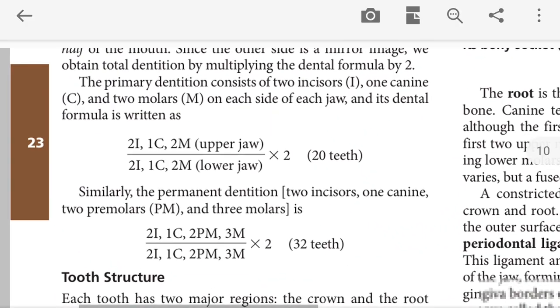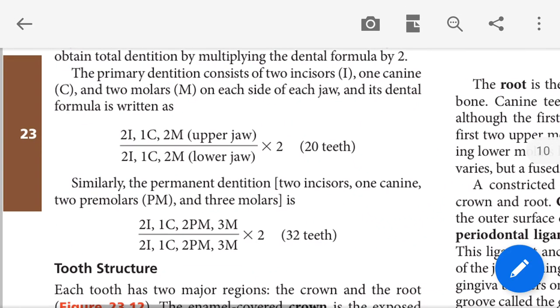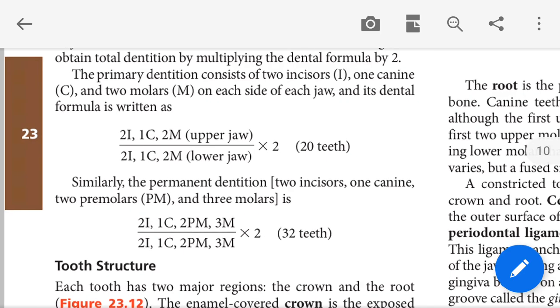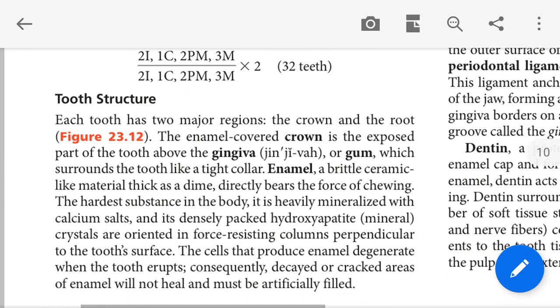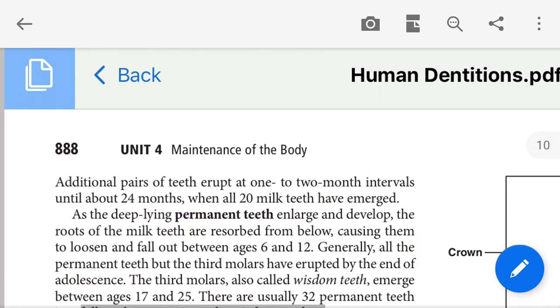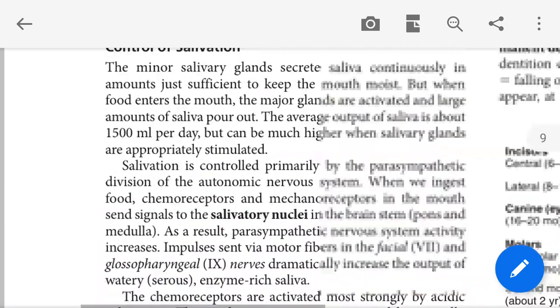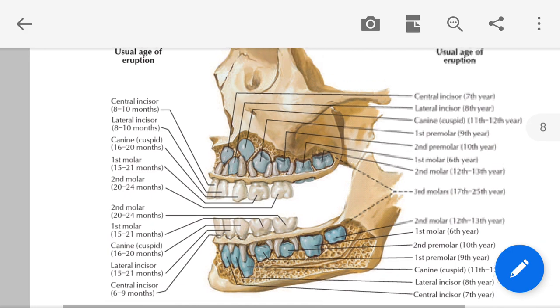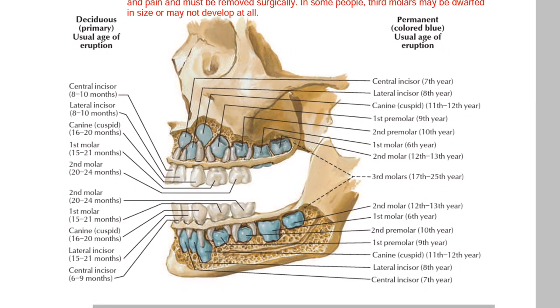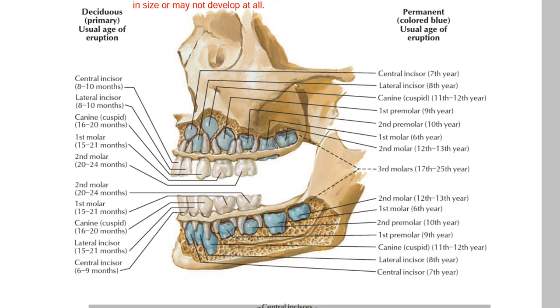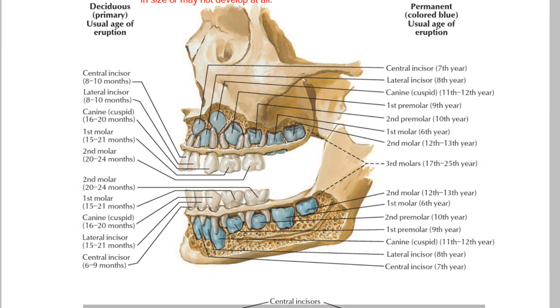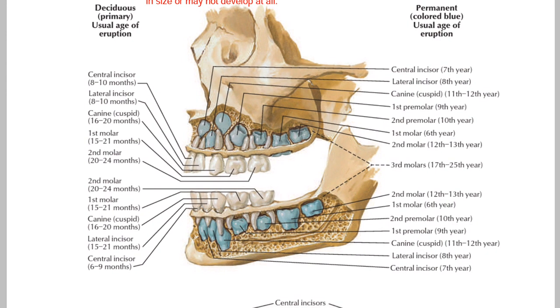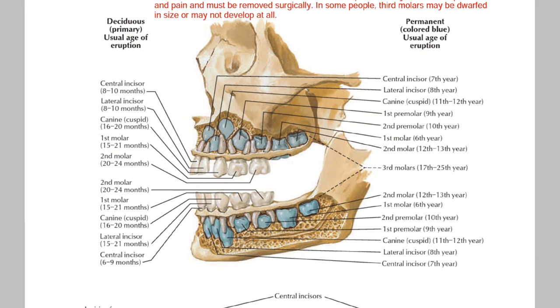This is the formula they are showing, but we all know these formulas. The main things are the root and the cusp, and we don't have to remember at which age which tooth is erupting. It is for our information. We don't have to mug up these things.